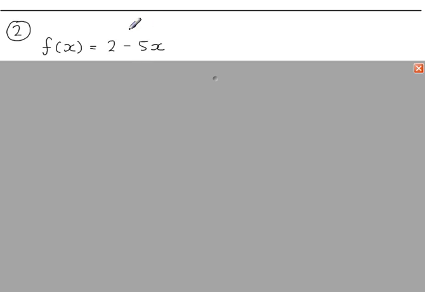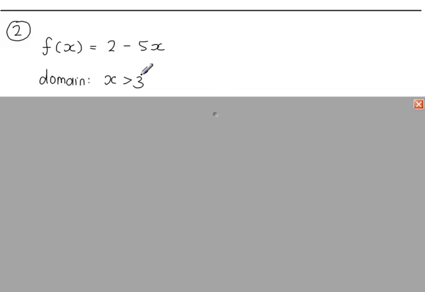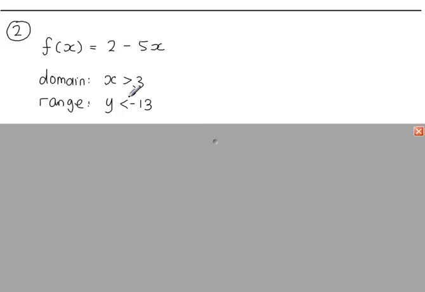Example 2, our function, domain, range. That minus 13 comes from putting the 3 into here. This is the graph for y equals 2 minus 5x, but we have a restricted domain here.